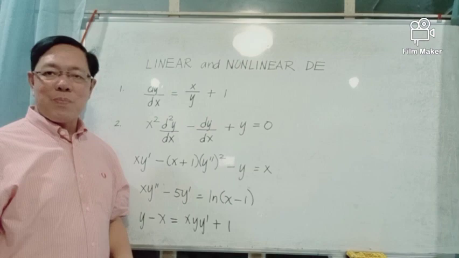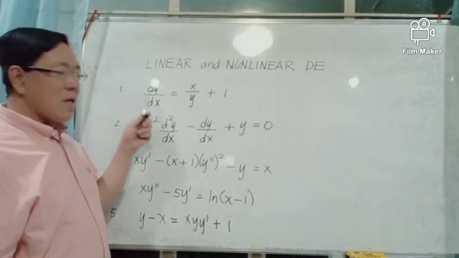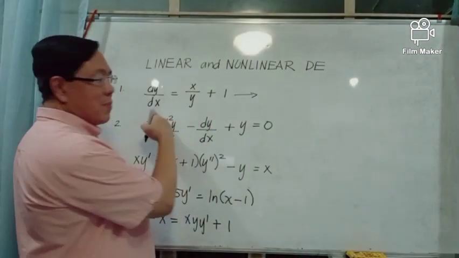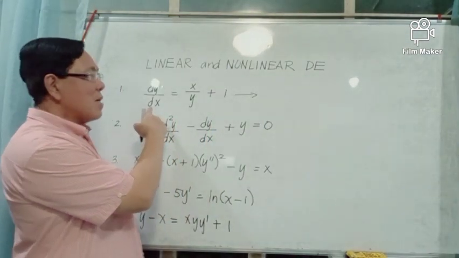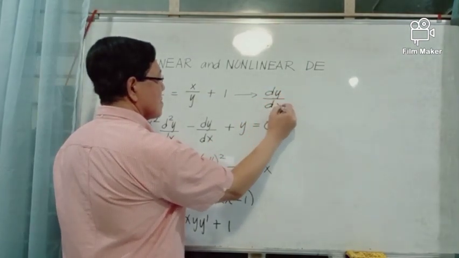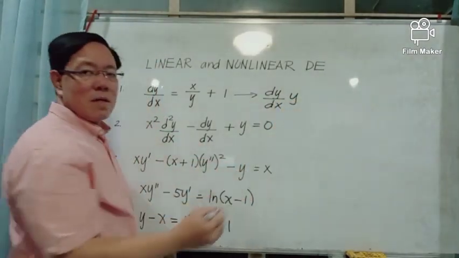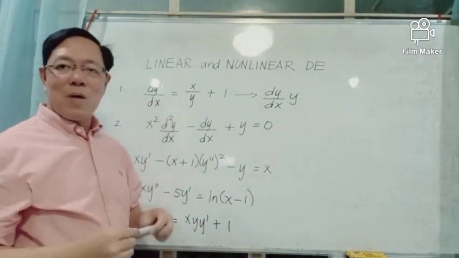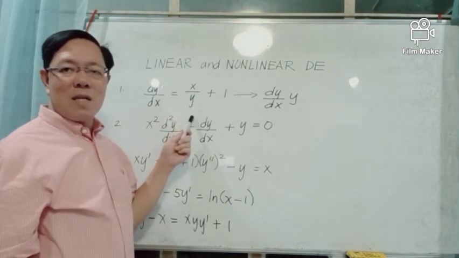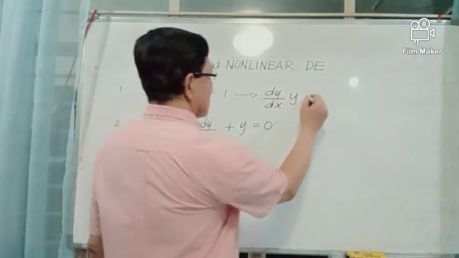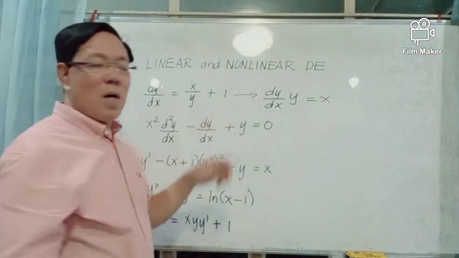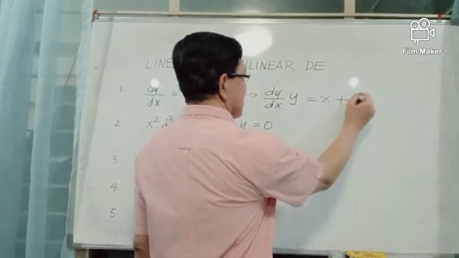But suppose we multiply both sides of the equation by y. We multiply the left-hand side by y, so we have dy/dx multiplied by y, and multiply each term of the right-hand side by y. x/y multiplied by y, y will cancel out, and you get x, plus multiply 1 by y, we get plus y.